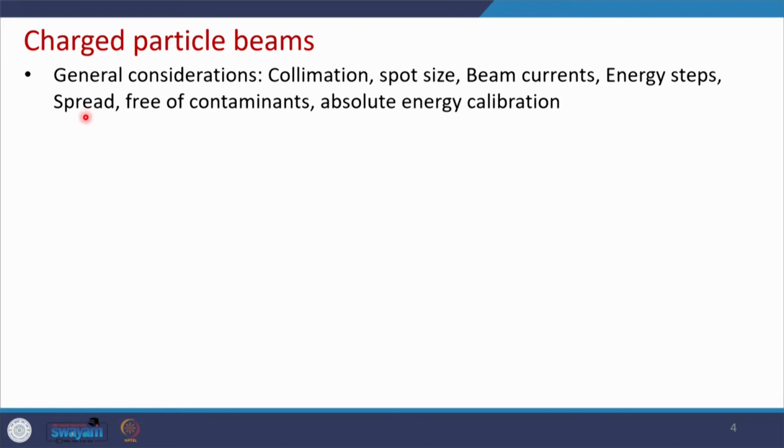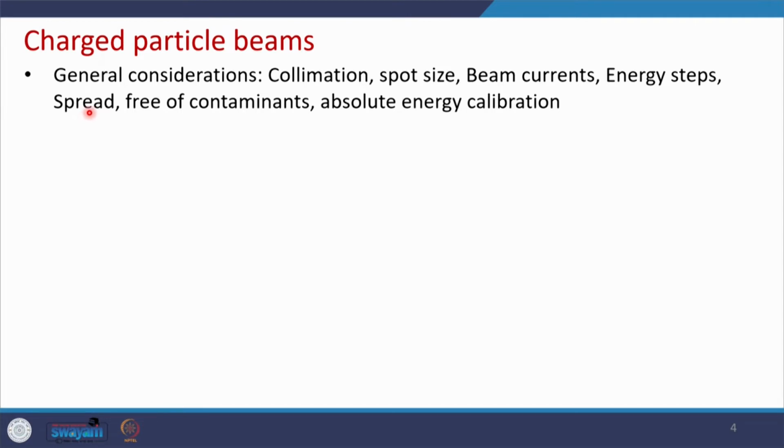And then the spread of the incident particle beam should be less, and we normally prefer it to be on the order of electron volts, because more spread leads to more spread in the cross section values.